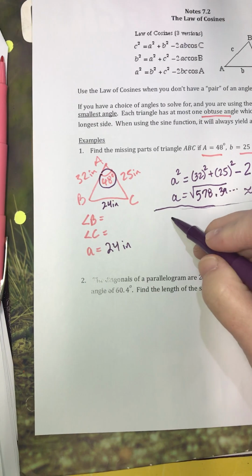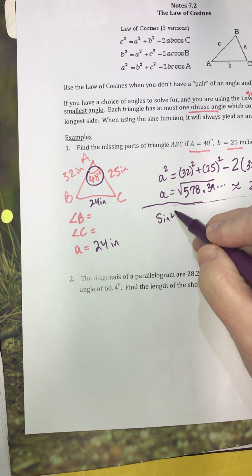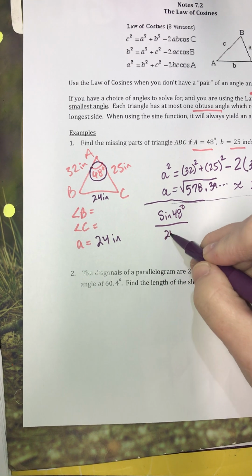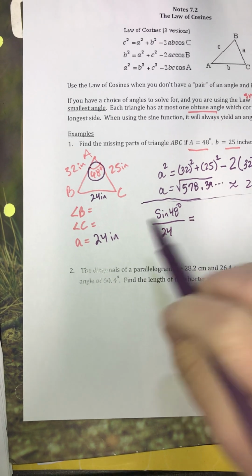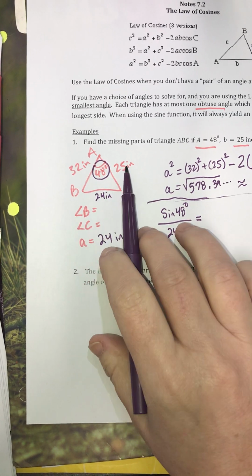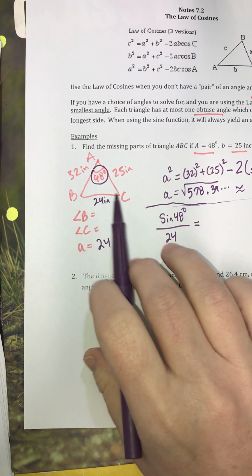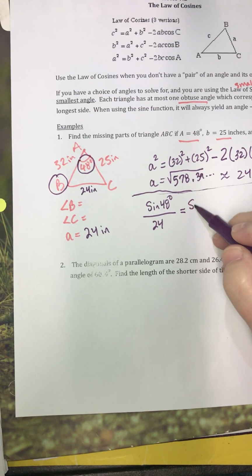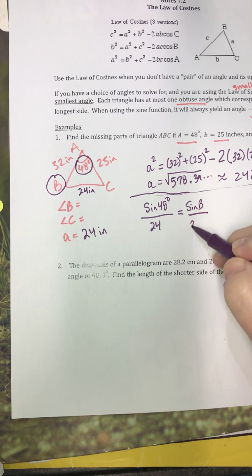So I'm going to use law of sines. So the sine of 48 degrees over the 24 inches is equal to, and I'm going to find the smallest angle comparison, so I'm going to go with B. I'm going to leave angle C, it's the largest. So sine of big B all over 25.